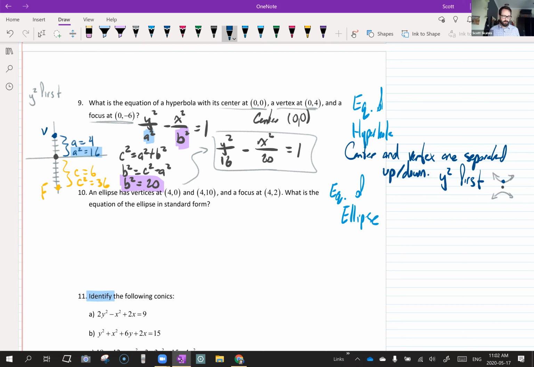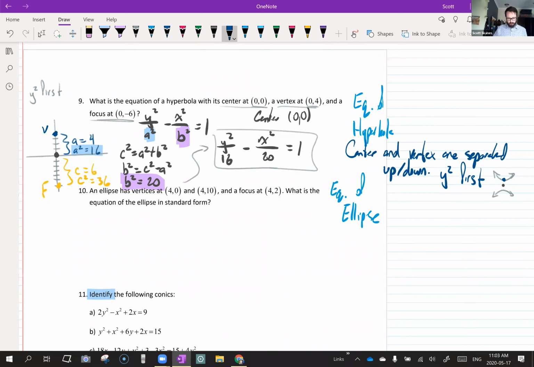If the vertex was sideways, center was in the middle, and then the vertex was over, left or right, it would be x squared first. Is that okay? If you have any other questions, please let me know.